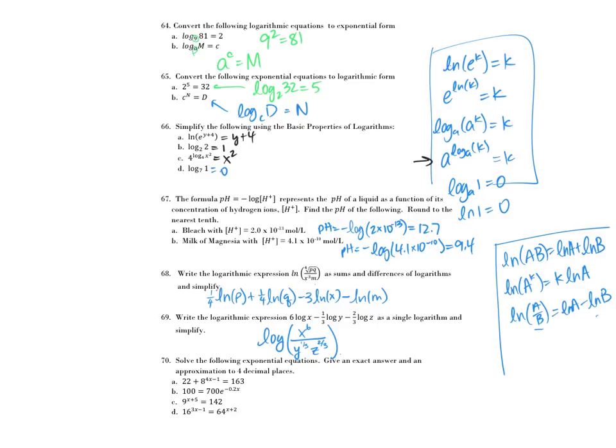Okay, so first here, I want to subtract the 22 from both sides. So I'll get 8 to the 4x minus 1 is equal to 163 minus 22, 141. Okay, and then I can just take the natural log of both sides.